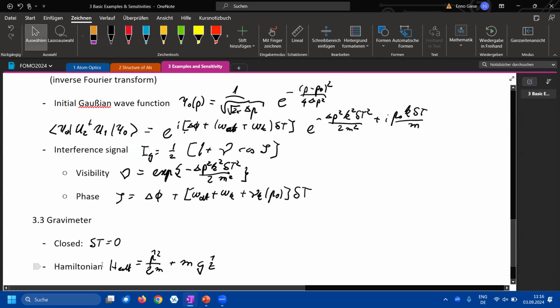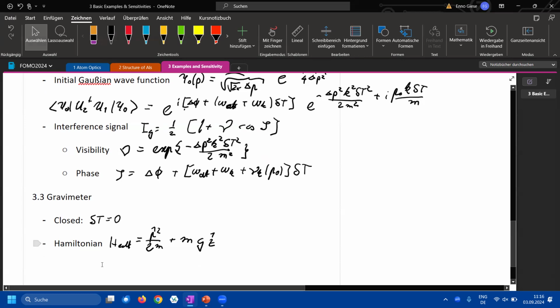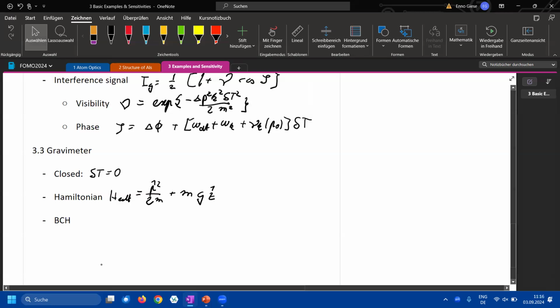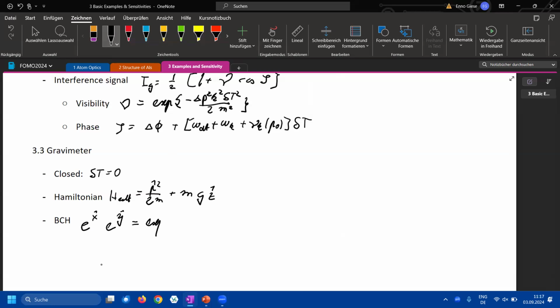And of course, we come back to our friend that I mentioned every single lecture. Or actually it's three friends, Baker, Campbell, and Hausdorff. So it is e to the operator x times e to the operator y is equal to the exponential of x plus y plus 1/2 times the commutator of x and y plus higher orders.